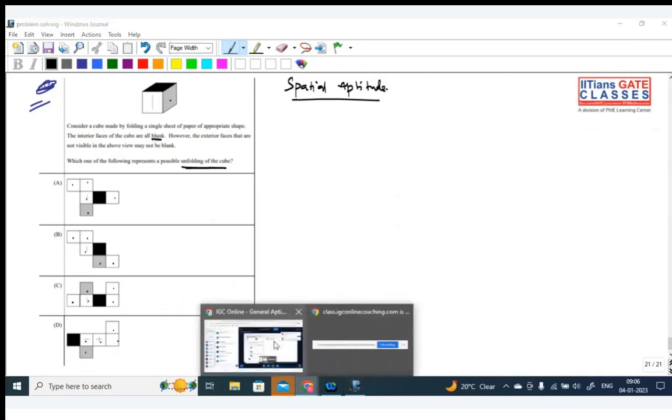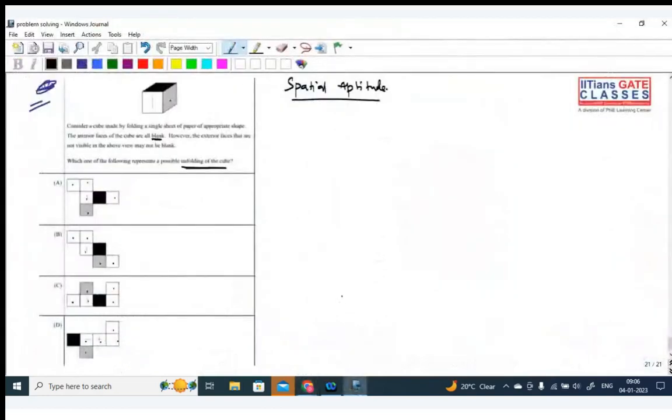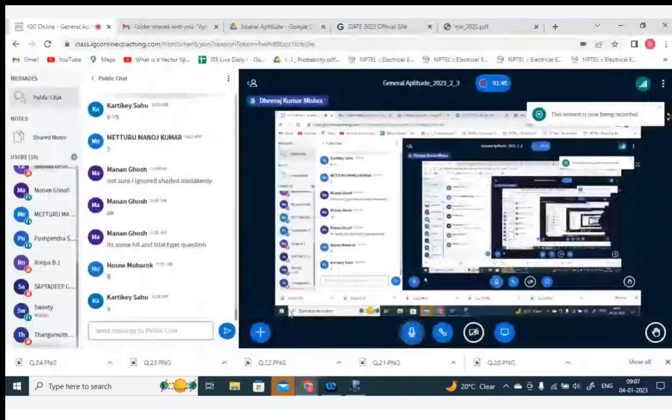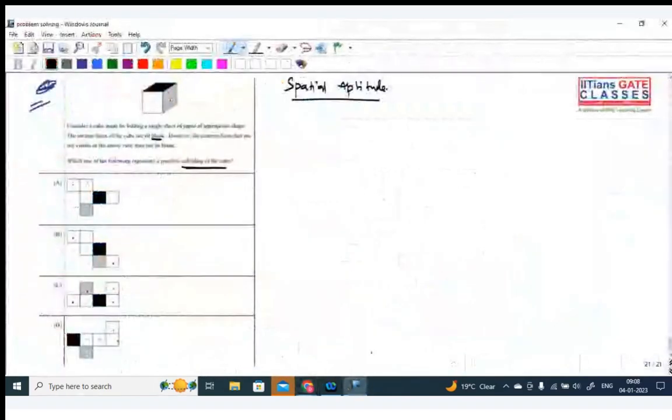Which option is correct? Option B or option A? Karthikeya is saying option A, right? One important point we need to think about here is that in this question there is a line given.